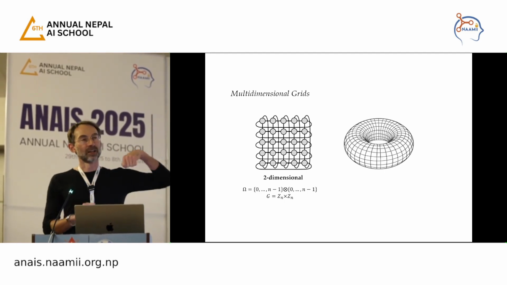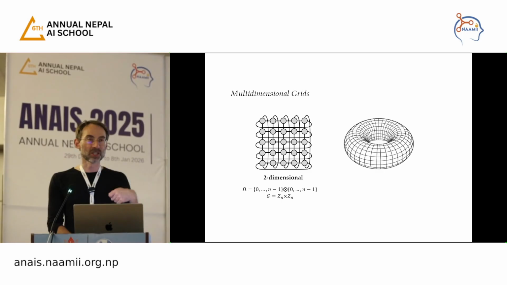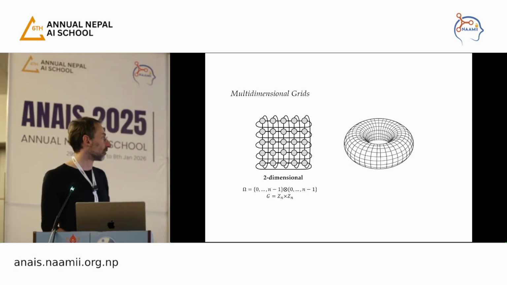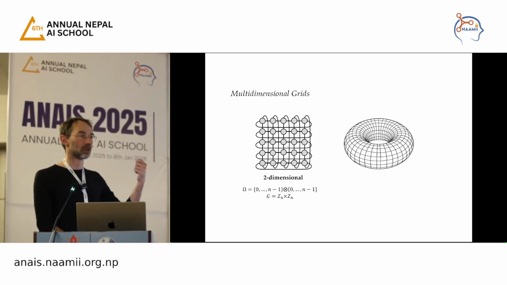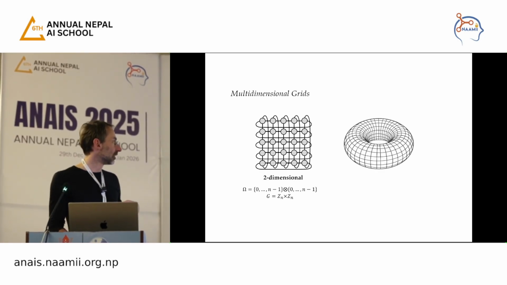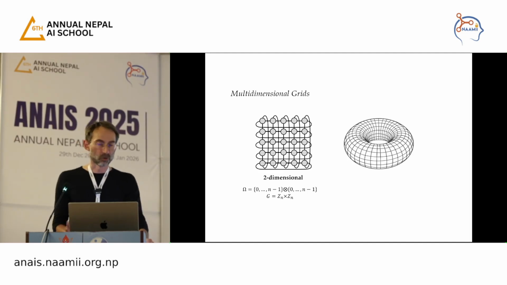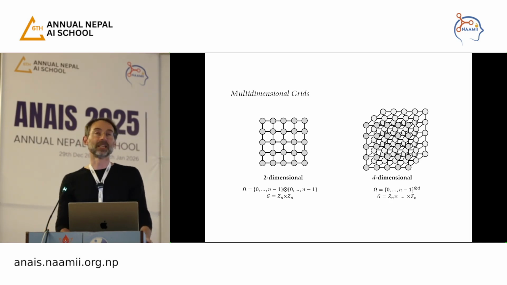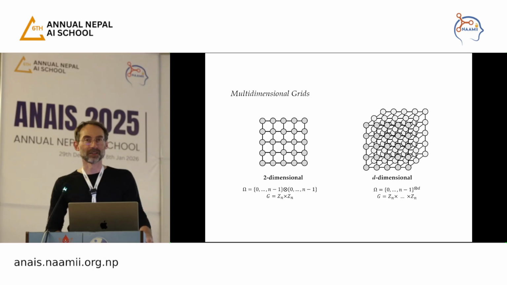I wrap around in each dimension, and topologically, this has the structure of a torus. This is how a grid with periodic boundary conditions in two dimensions looks, wrapping around along this dimension and along this dimension. And of course, we can go to any dimension. I can take a d-dimensional Kronecker product, and I will get a d-dimensional grid.